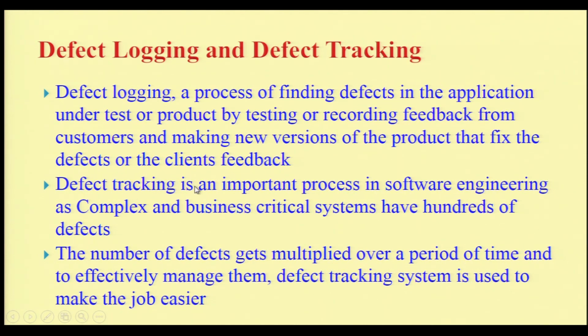Defect tracking is an important process in software engineering as complex and business critical systems have hundreds of defects. The number of defects gets multiplied over a period of time, and to effectively manage them, a defect tracking system is used to make the job easier.